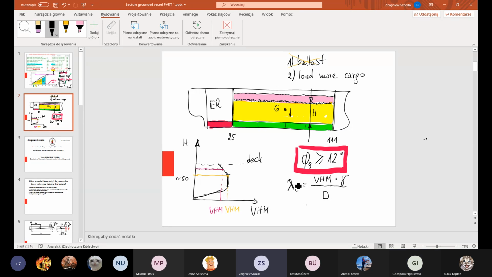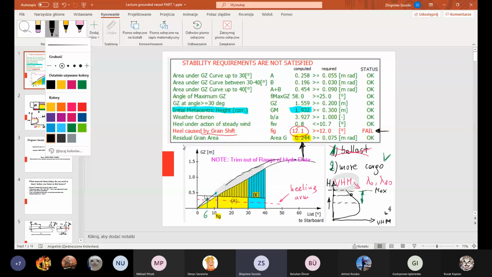Yeah, if we want to calculate lambda O, this is that value.